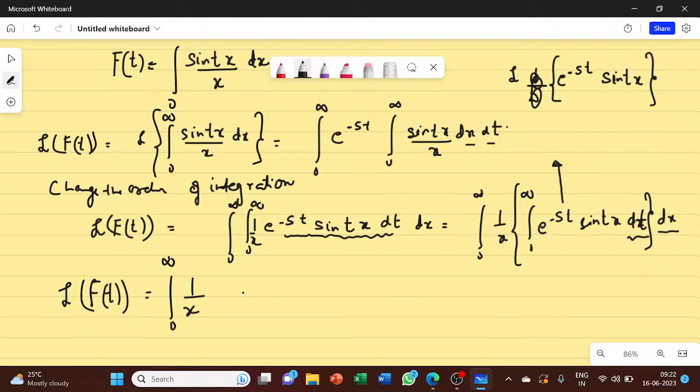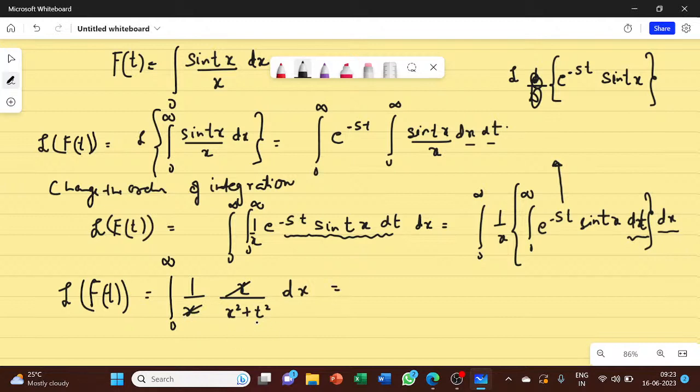What is the Laplace transform of sin tx? Whatever is multiplied with t, so x upon s square plus x square. Then we write dx upon x, so x would get cancelled.